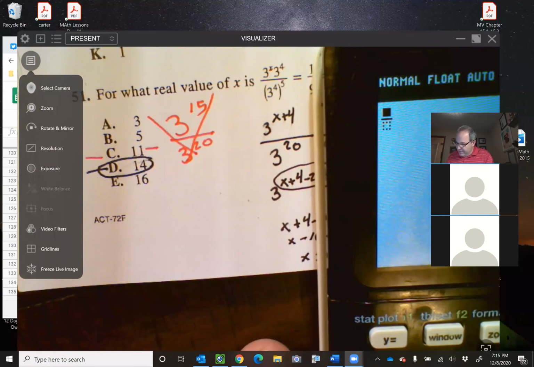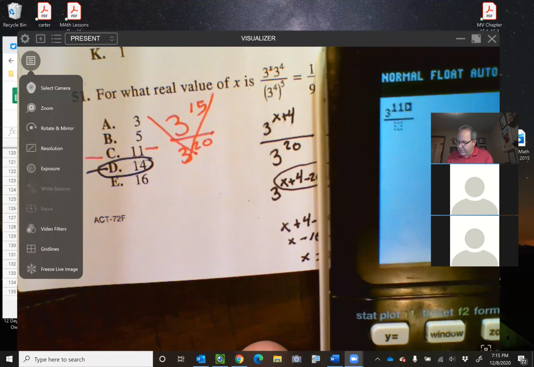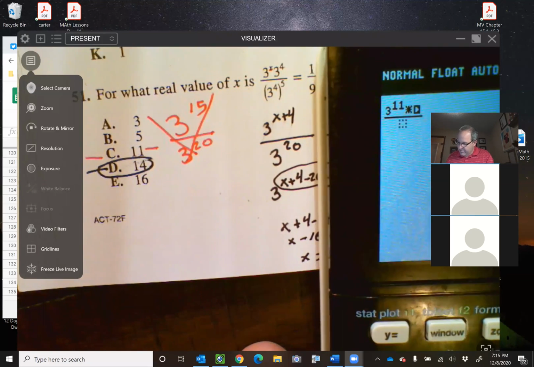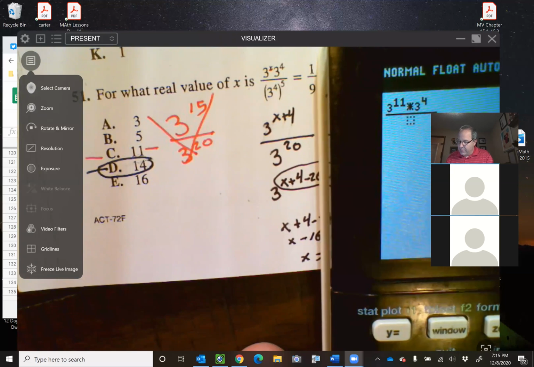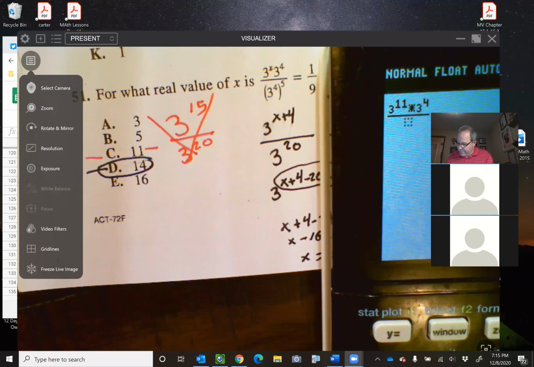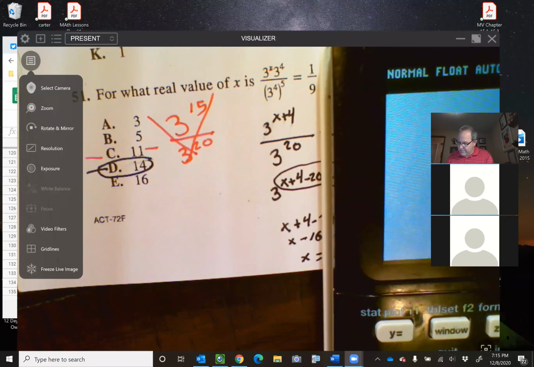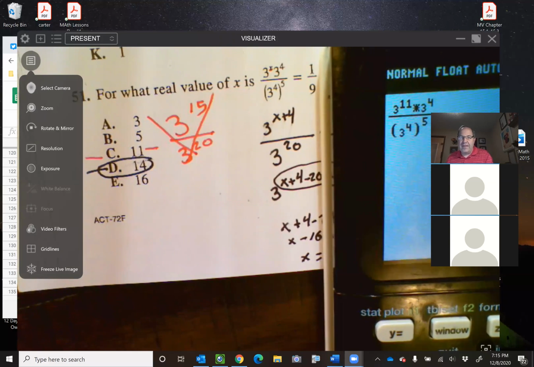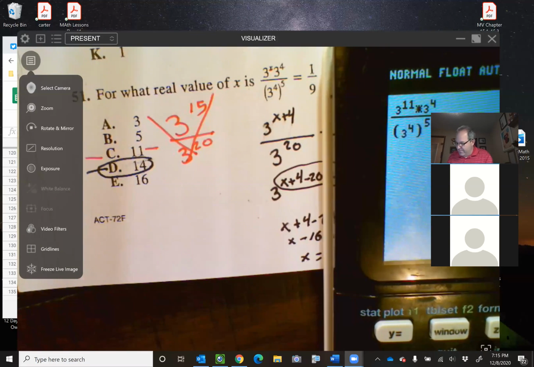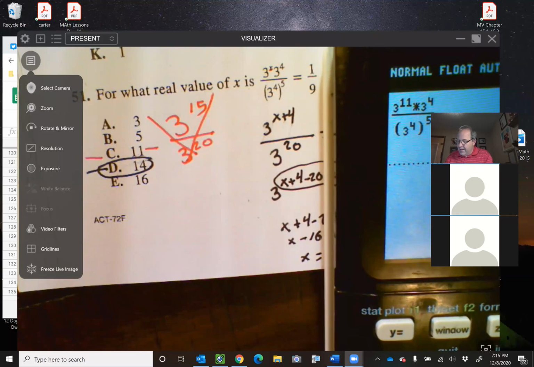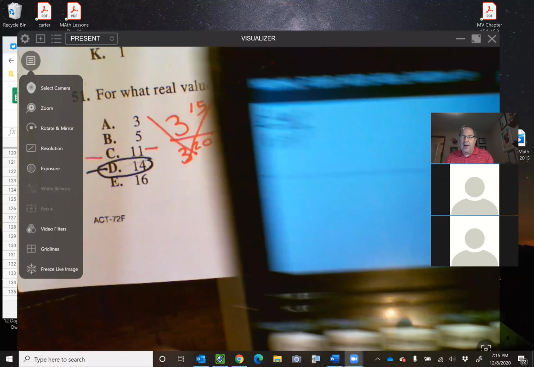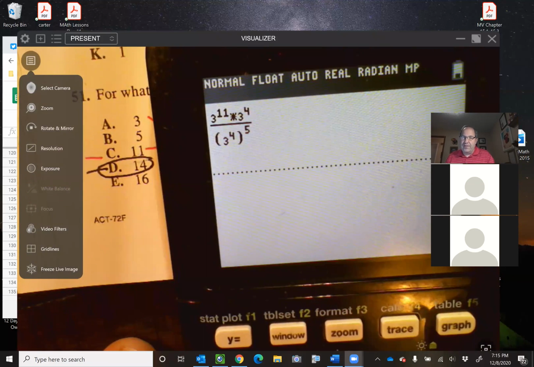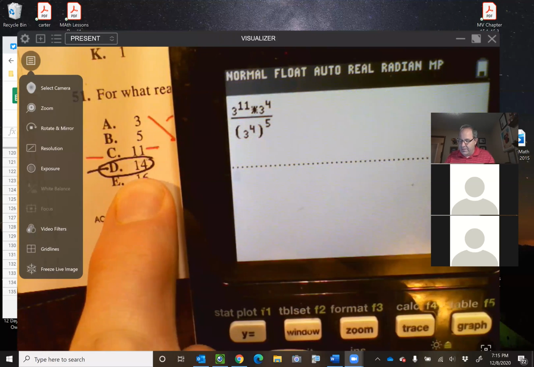So I could think of 3 to the 11th power times 3 to the 4th power, over 3 to the 4th power, all raised to the 5th power. I could just type the problem in. Like, I think maybe x is 11. I press enter, and I get 1 over 243. Not even close to the answer we're looking for, 14.